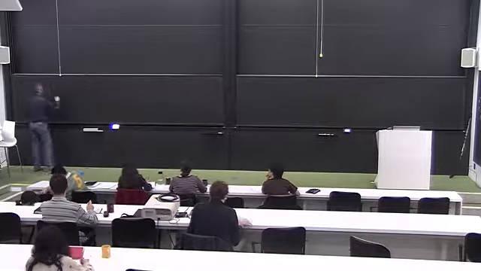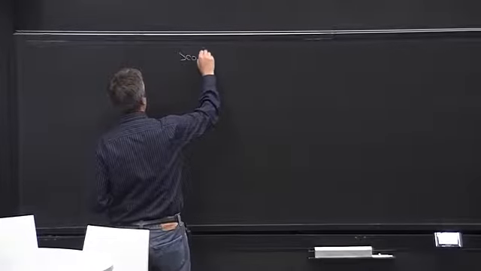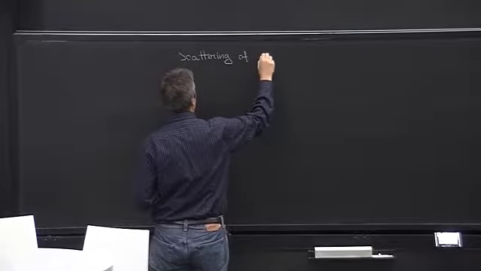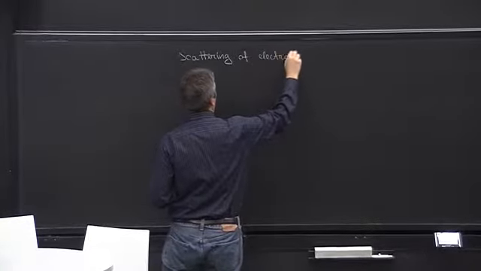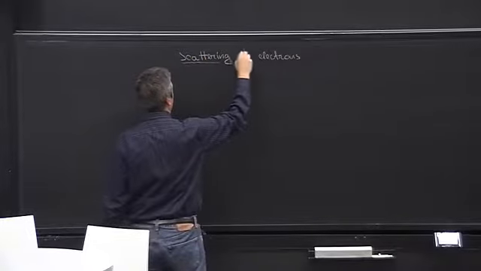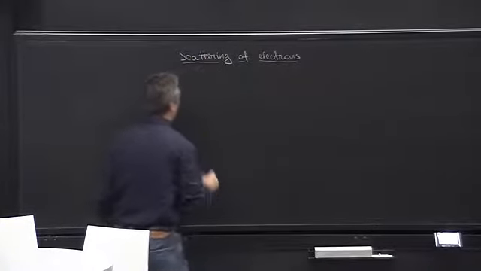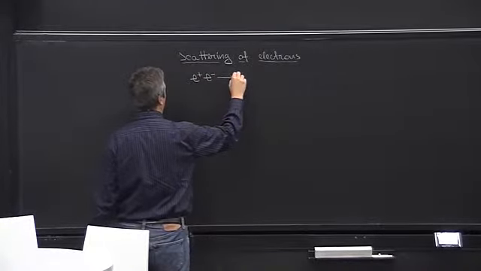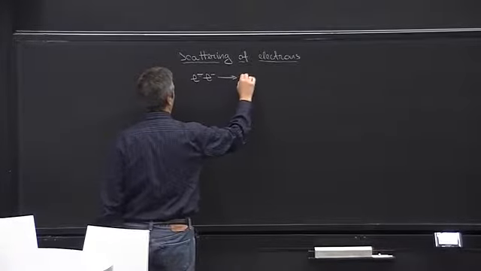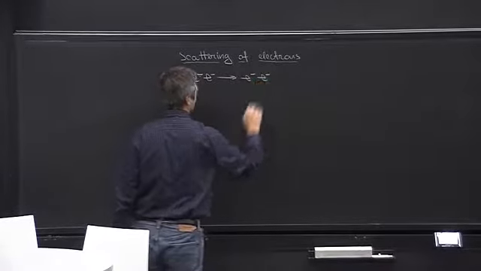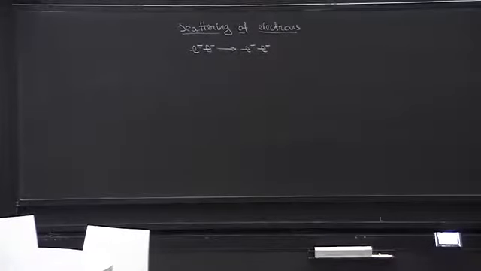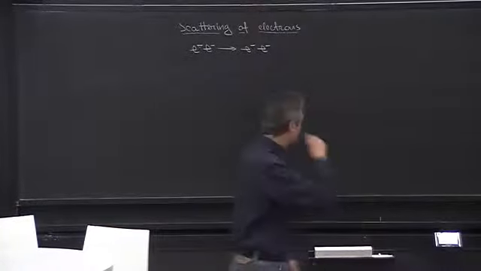So what we'll study is the scattering of an electron on an electron. And using Feynman rules, we can calculate the amplitude of this process. So let us see.